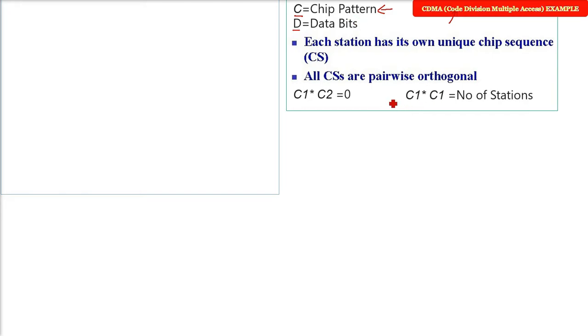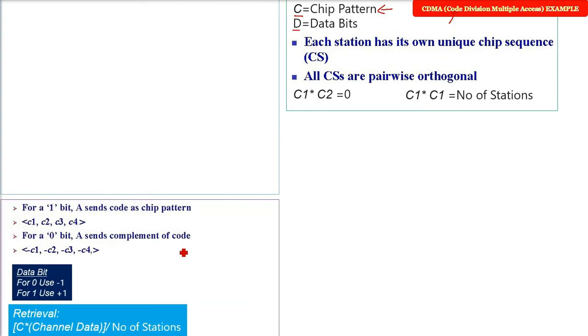There are properties related to this chip pattern. Before that, when you are going to send 0, we will use -1. When we send 1, we will use +1. For example, there is a code. We have used 4 only for simplicity. It can be 4, 16, 64.